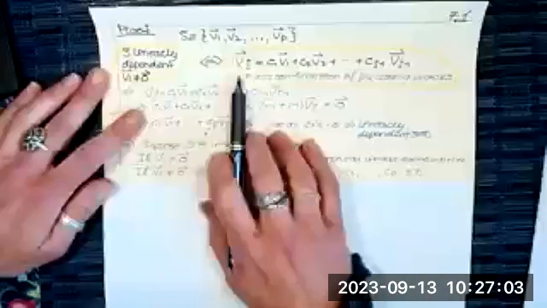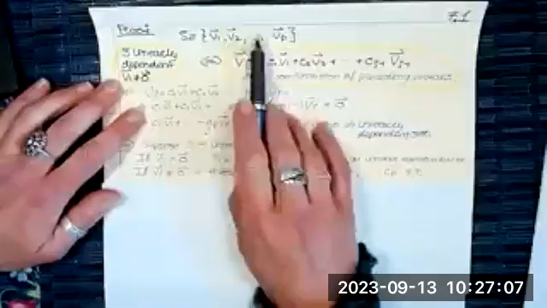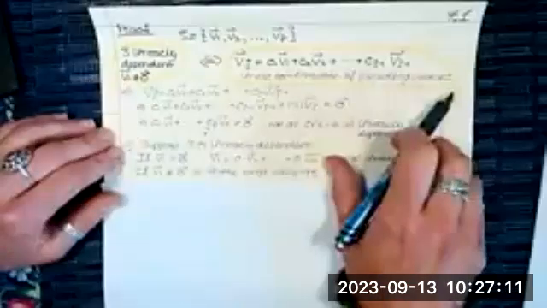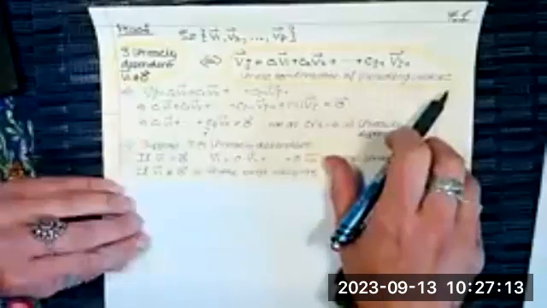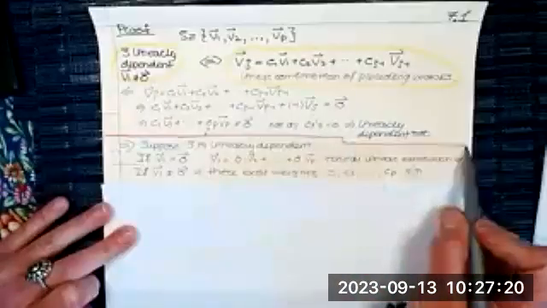This is equivalent to saying that some vector Vj in my set is a linear combination of the preceding vectors. I'll do this in two steps, because it's an if and only if statement: one direction, then the other.